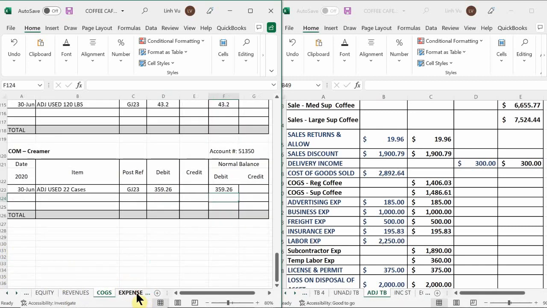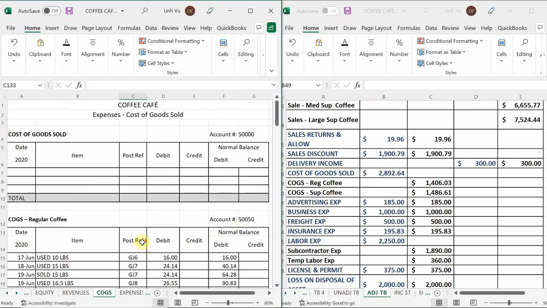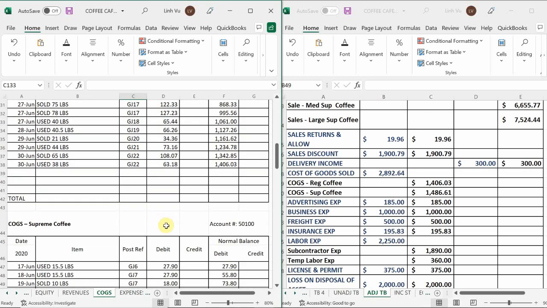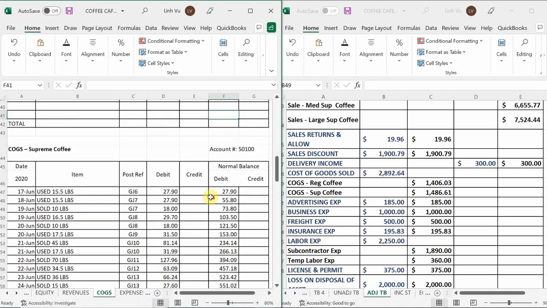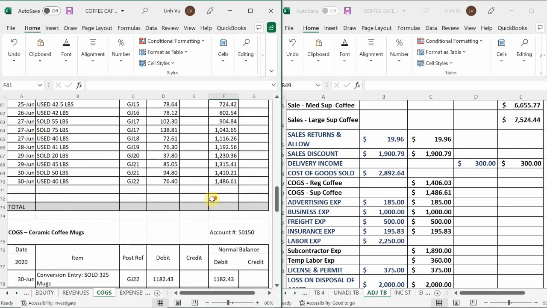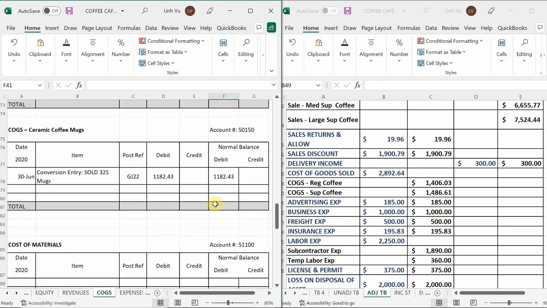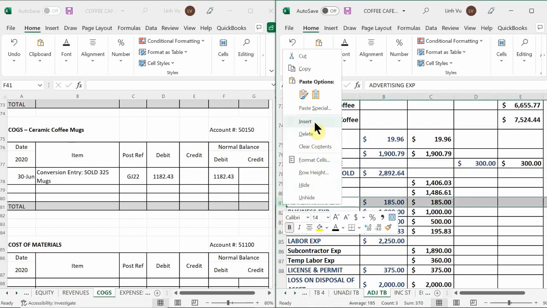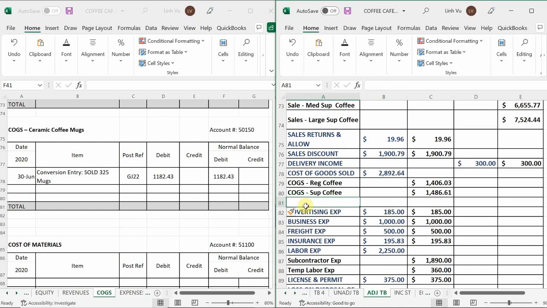However, what about cost of goods sold? In this case, my regular coffee cost of goods sold is still at $1,400, and my cost of goods sold for Supreme coffee is still at $14.86. However, we also did our periodic conversion, so we need to include another cost of goods sold for the ceramic coffee mugs.